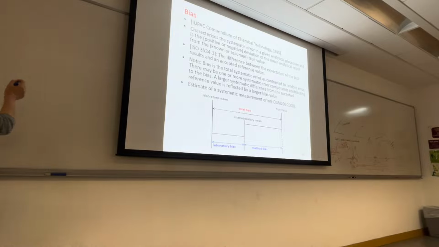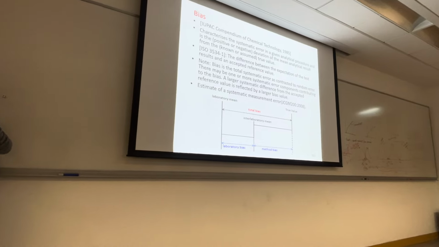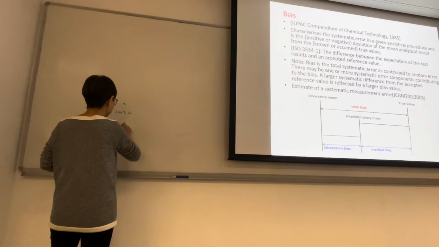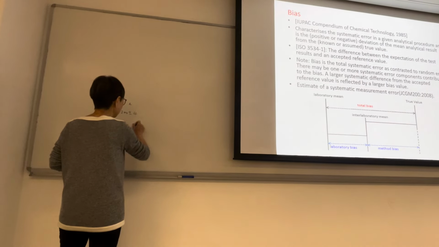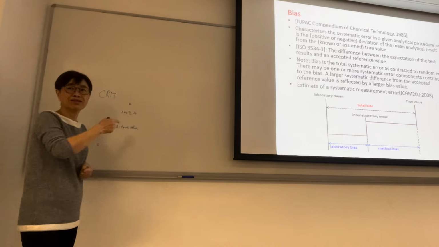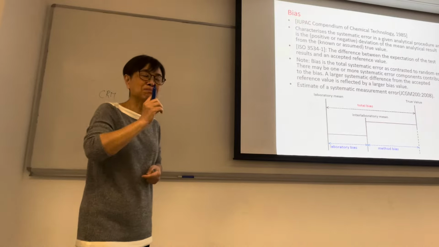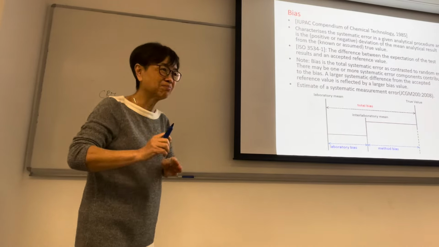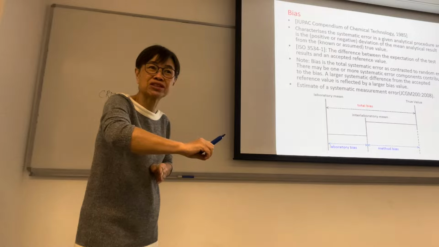So, a CRM, that A, for example, 200 plus or minus 4, okay? A is the true value. This 200 is the amount we add to the matrix by balance.